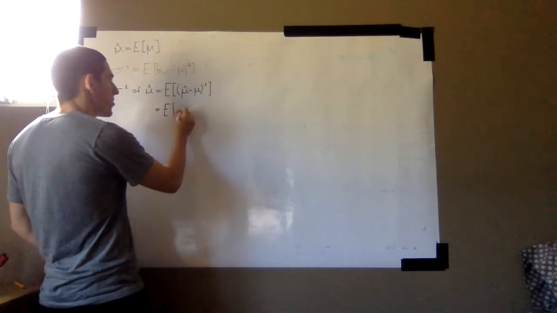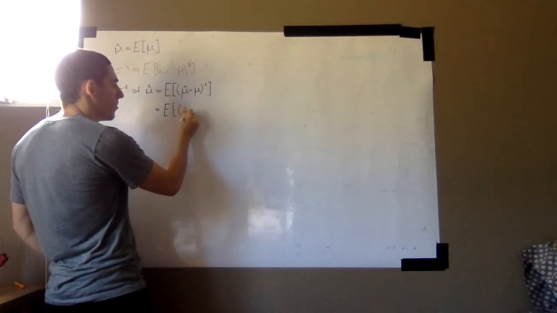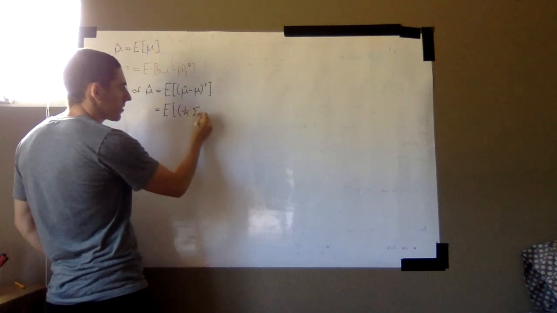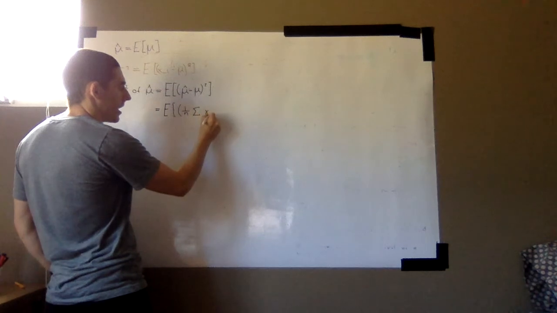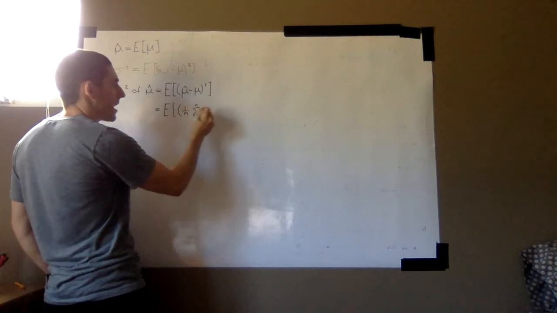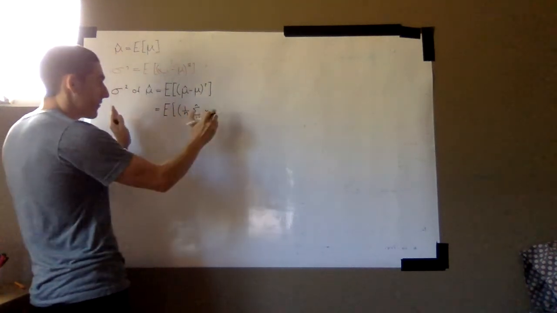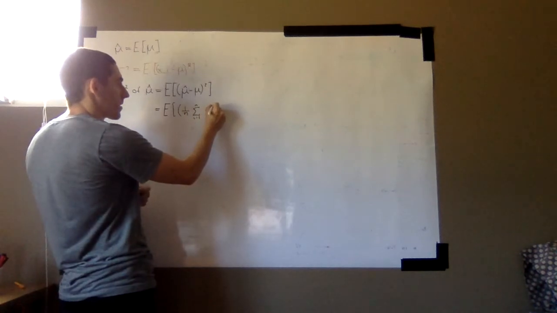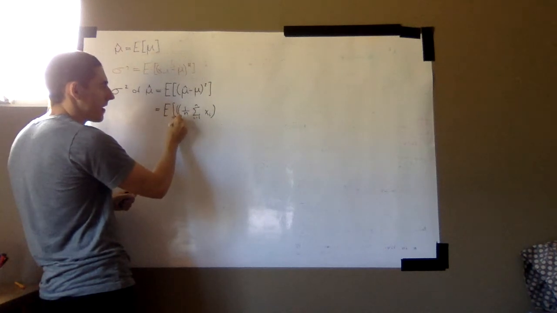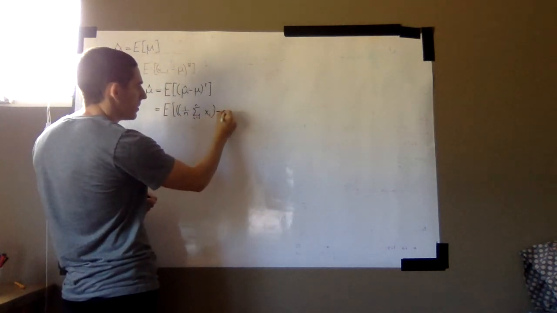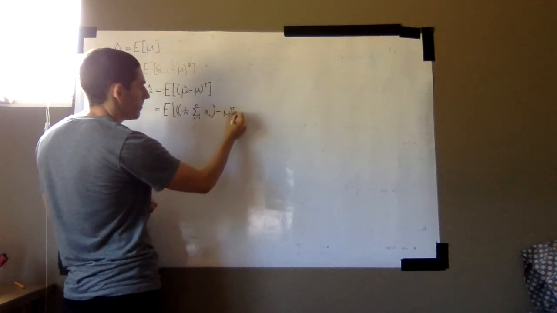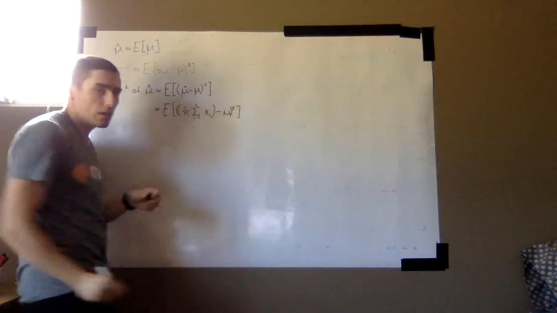So mu hat is equal to 1 over n times the sum of xi, where i starts at 1 and goes to n. So that's just to say the average of some set of n data points, minus mu, squared. Whole thing is squared. That should make sense.